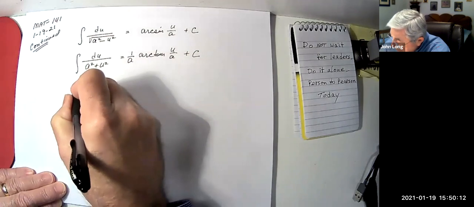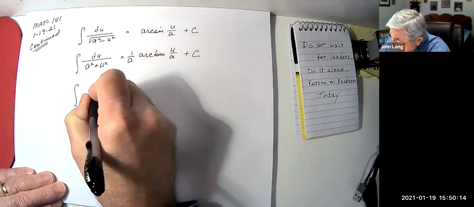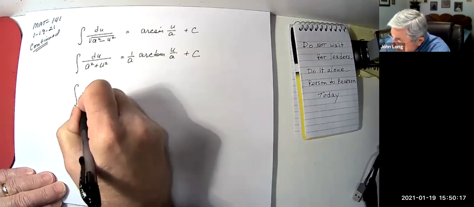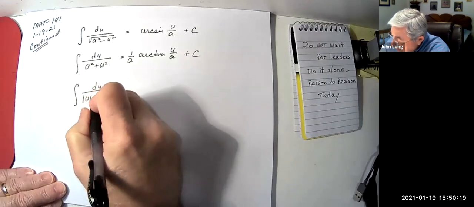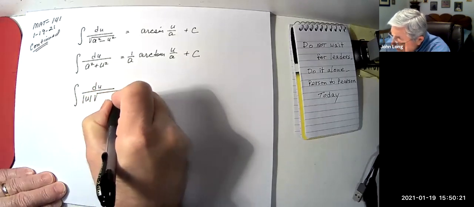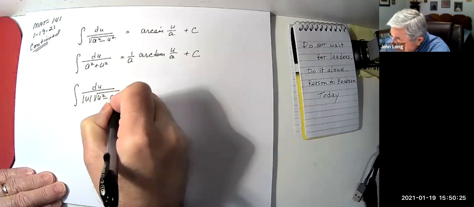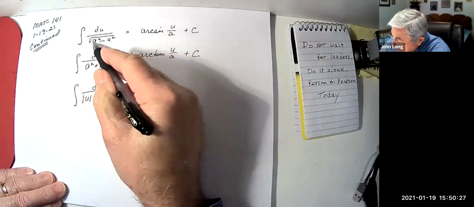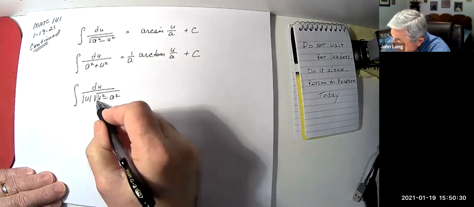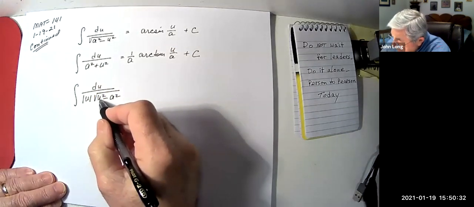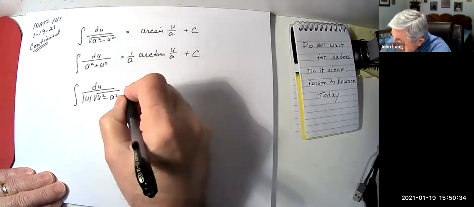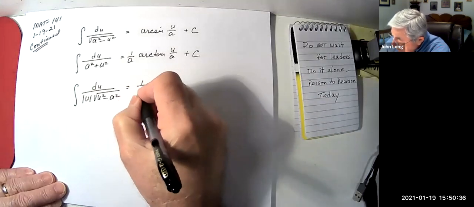And likewise, when we do the integral of du divided by the absolute value of u times the square root of u square minus a square, you see how the difference, a square minus u square versus the variable coming first before the minus sign. This likewise gets a 1 over a.